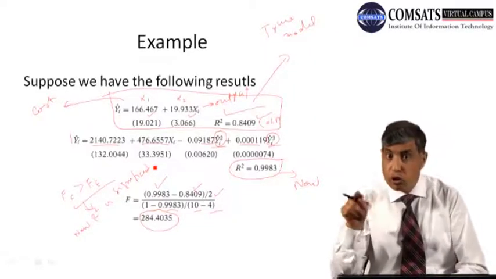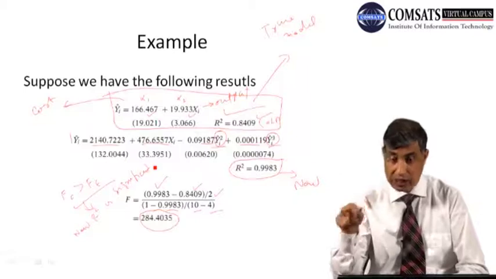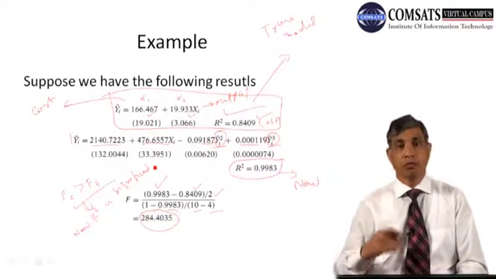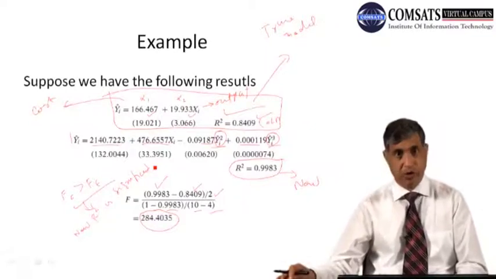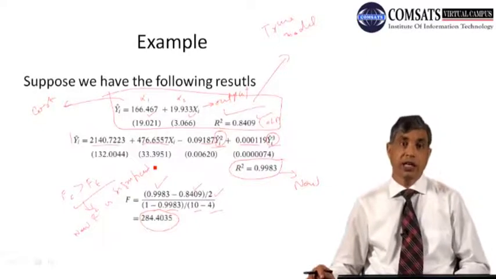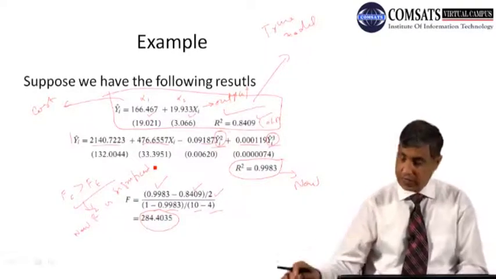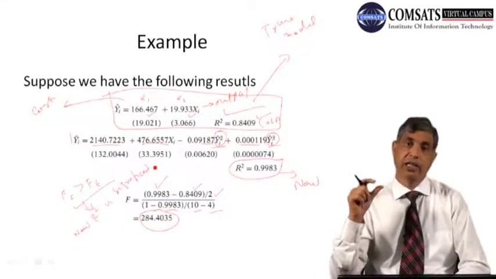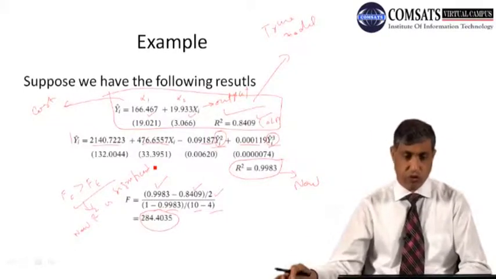We reject it and say no, our model was not correctly specified, but the new model is more reliable as compared to this. So this was the Ramsey RESET test. You should have full command over this, and you should know that at the end you will simply be comparing the F values, and it is very easy to do this.